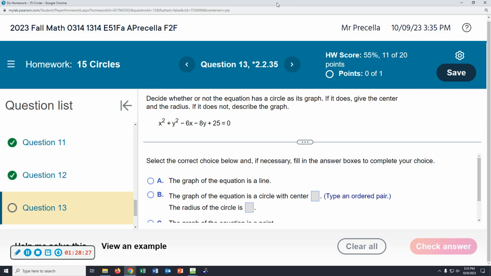X squared plus y squared minus 6x minus 8y plus 25 is equal to 0.